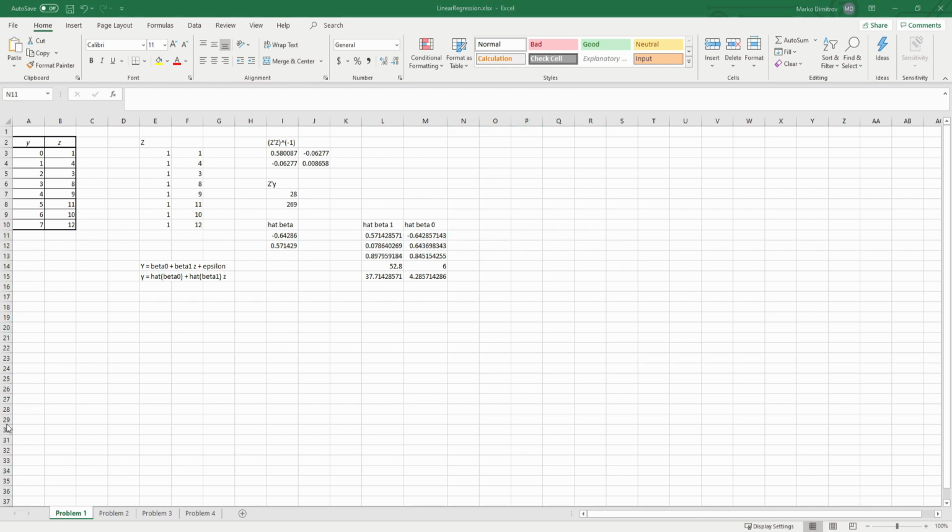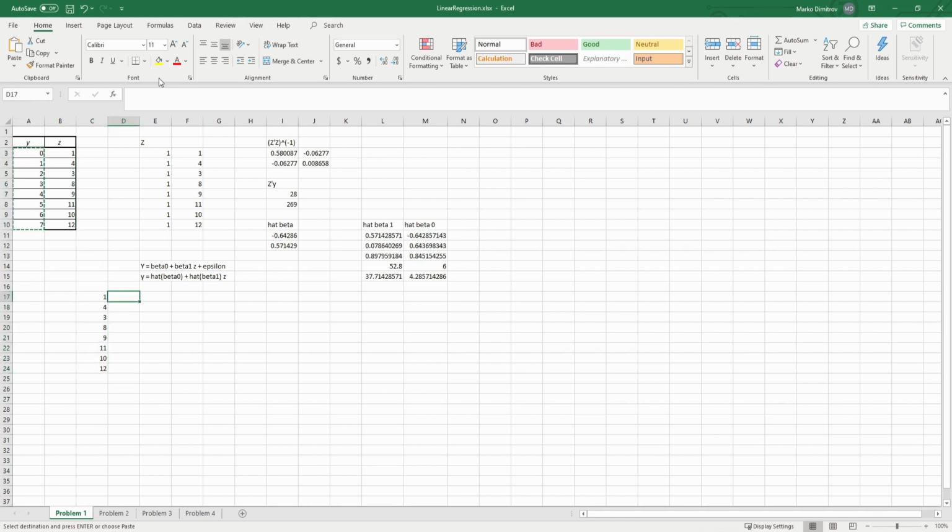Before continuing to see what the rest of the numbers are, let's first interpret those two. So here we have a line, beta 0, beta 1, our estimated line. Let's see how we can check what that line actually is.